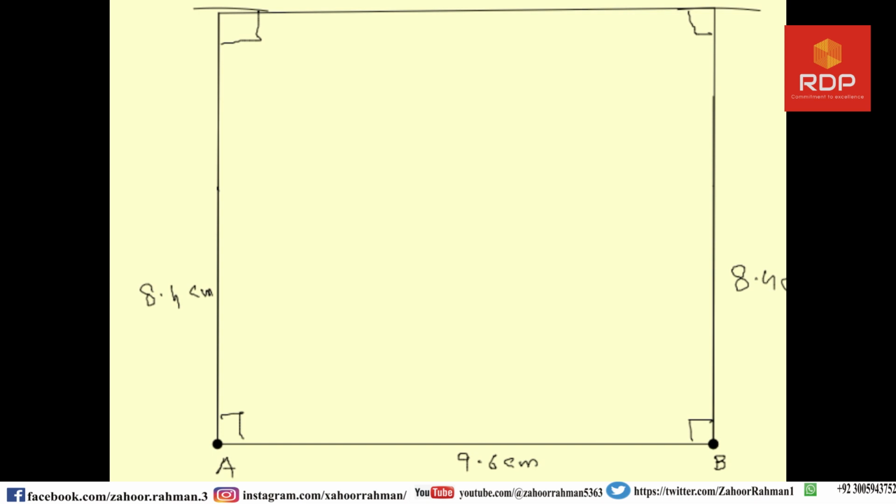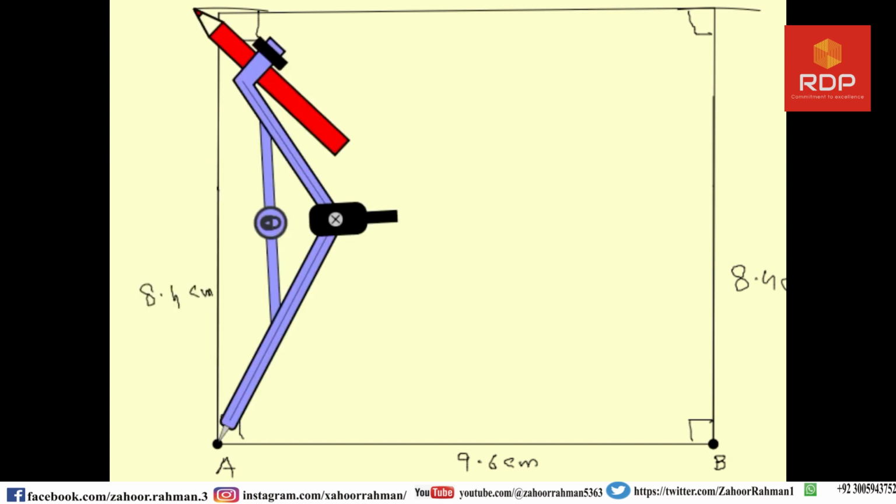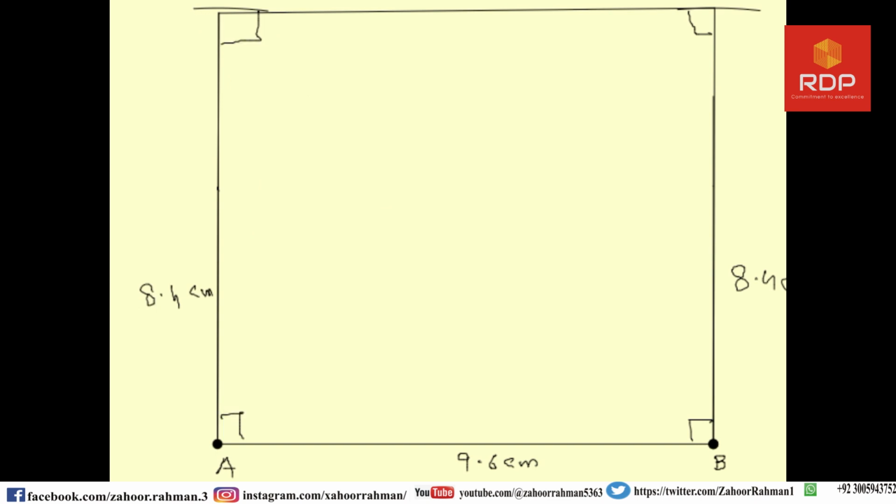Now they want us to find the size of the two diagonals, and you know that the values of the two diagonals are always the same. So if we are finding the diagonal of a rectangle, then it will be equal to both of them.